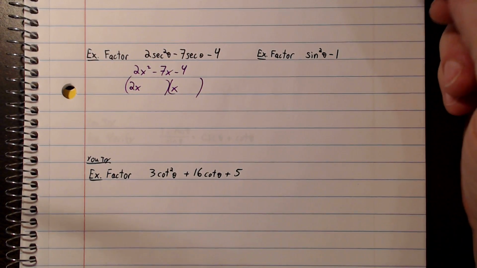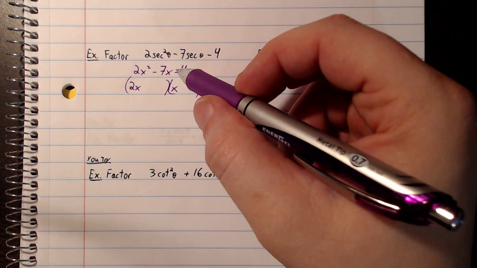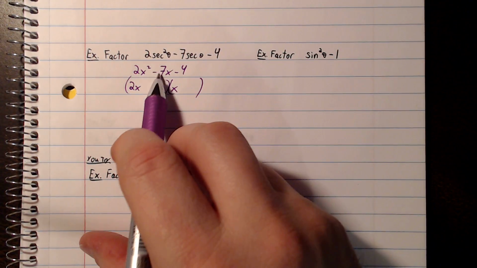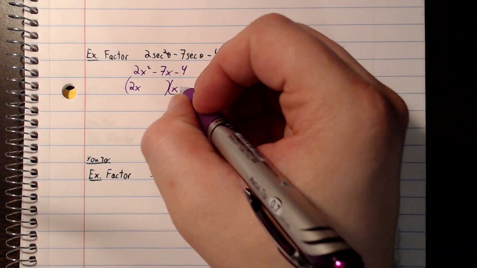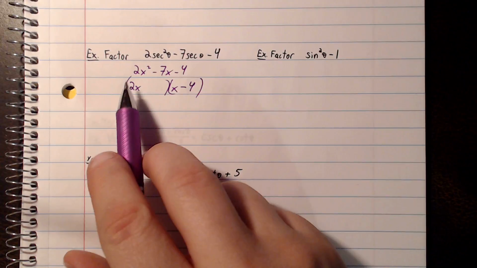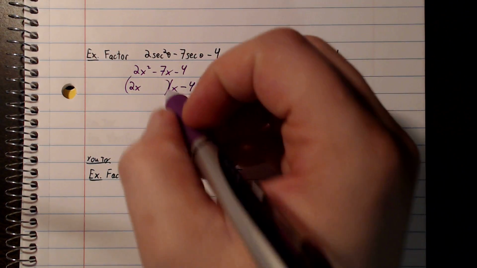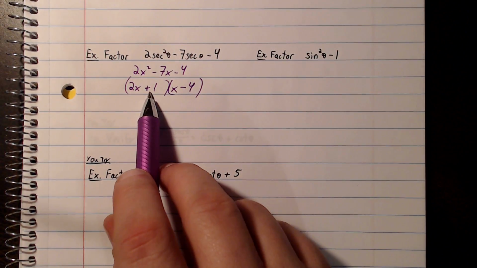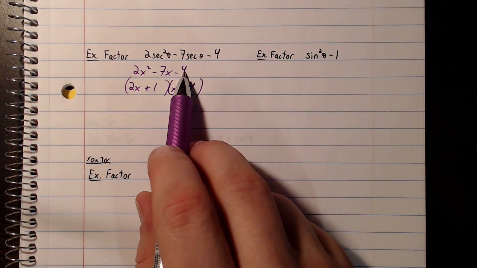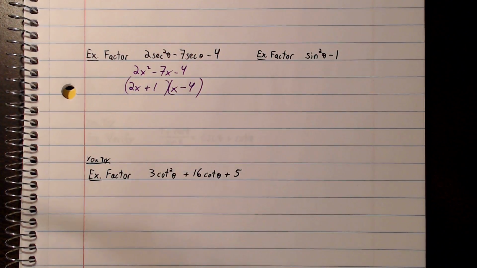And I want to think about, all right, I need to multiply to get -4, and I need it to be large enough to become -7. So if I were to do 2 times -4, that's -8. In order to make this just plain old 4, that would have to be 1 here, right? That gives me the -4, and then we said -8 plus 1, that gives us a -7.